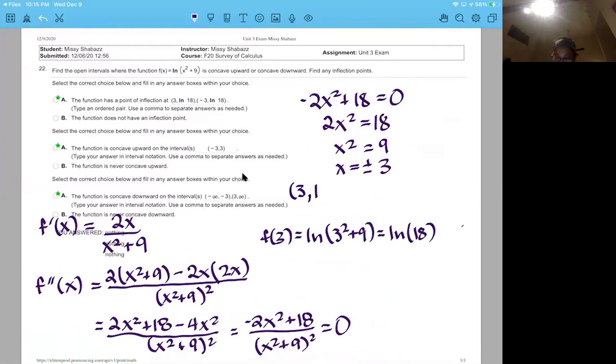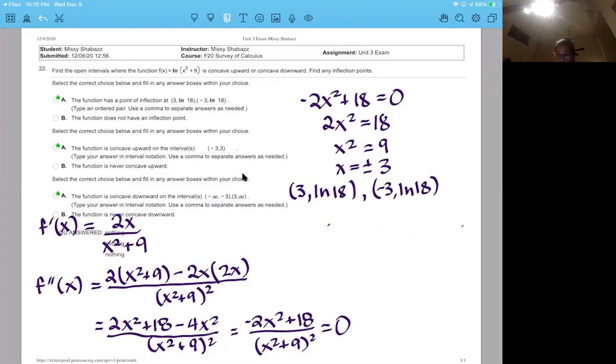So 3, natural log of 18. And if I plug in negative 3, I'm going to get the same thing, natural log of 18. So those are my two ordered pairs.